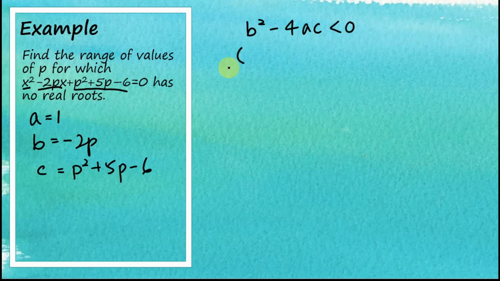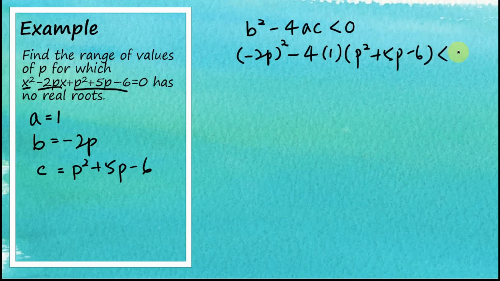So b squared, b is -2p, so it becomes (-2p) squared, and then minus 4, our a is equal to 1, and c is a little bit long, so it is equal to p squared plus 5p minus 6. Okay, and this is less than 0 because there are no real roots.